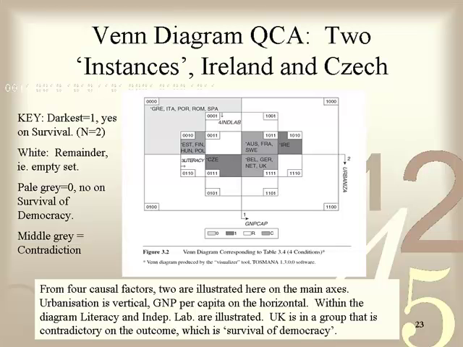The pale grey is where there's no survival of democracy. I'll just list the countries which at that time did have the breakdown of democracy: Greece, Italy, Portugal, Romania, and Spain. And it's a sad tale, really, isn't it? But that's what happened. There is a middle grey colour showing contradictions. So that's the other countries, including Belgium, Netherlands, UK.